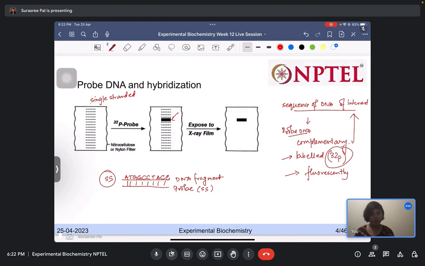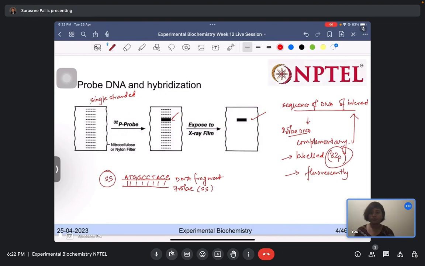So therefore it is essential for the fragments and also the probe DNA to be single stranded, right? This probe DNA will hybridize to the fragment of our interest, and then we will expose the membrane to X-ray film, where the image will develop, and we can see where the probe DNA has hybridized, the signal coming from the probe DNA.